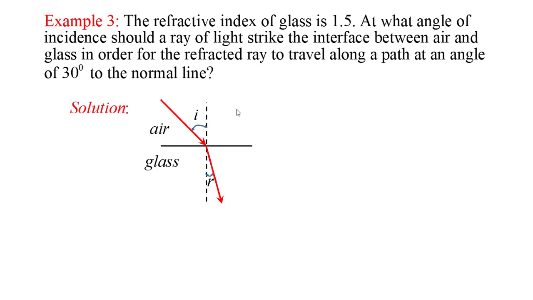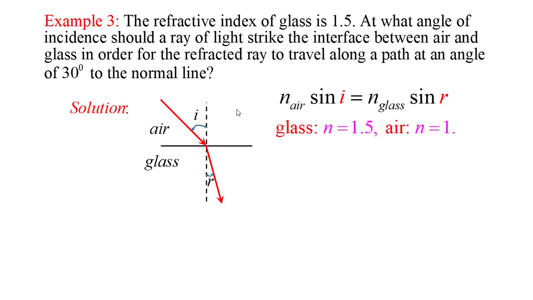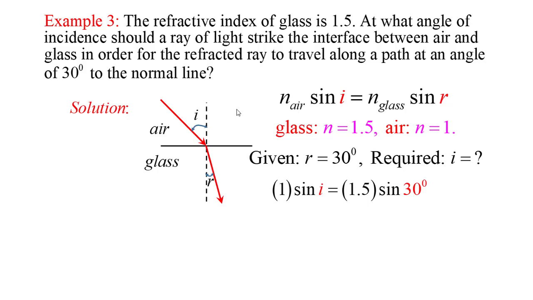Light is traveling from air toward glass. n_air sin I = n_glass sin R. For glass, the refractive index is 1.5, and for air, n is 1. It's given that R is 30 degrees and we are required to find I. Substituting, I is simply the sine inverse of 1.5 times sin 30°, which reduces to 48.6 degrees.